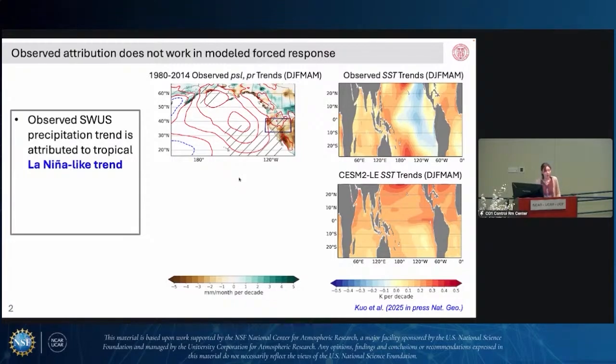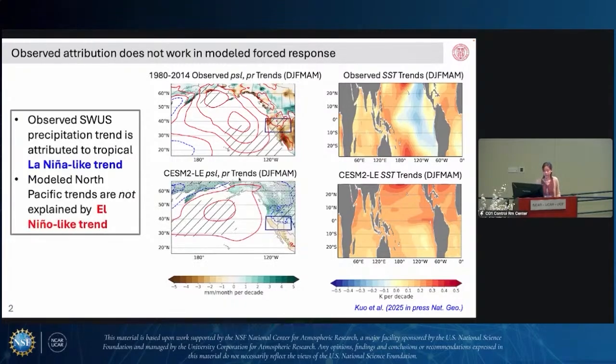But what surprises us is that even though you have a forced El Nino-like SST trend, your North Pacific circulation and the precipitation for the Southwest indicate a more La Nina-like circulation pattern. So the teleconnection explanation in observation is not valid in the fully coupled climate model forced response.